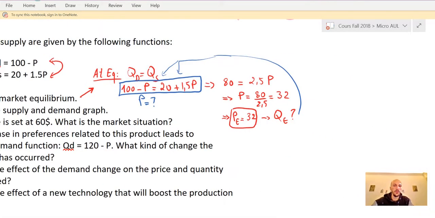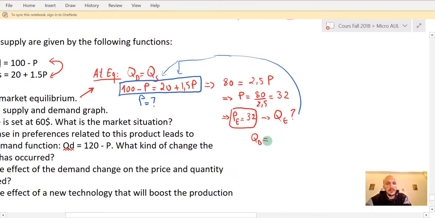We can find Q. In this case, QD will be 100 minus P, so 100 minus 32, which is 68, or QS should be the same: 20 plus 1.5 times 32.